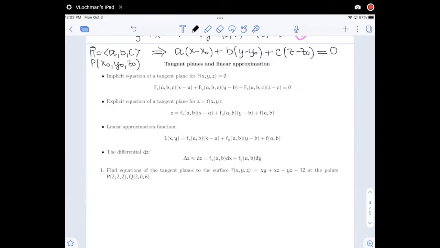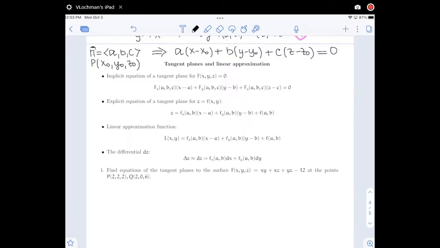Okay, so planes are very important in practice because when we're working with functions that are really complicated, I'm talking about big problems in industry, in research, things like that, we work with these functions that are so complex, that are difficult to deal with.